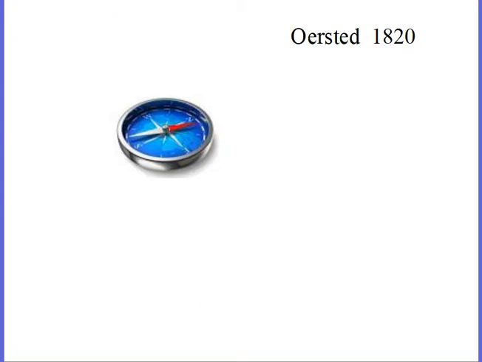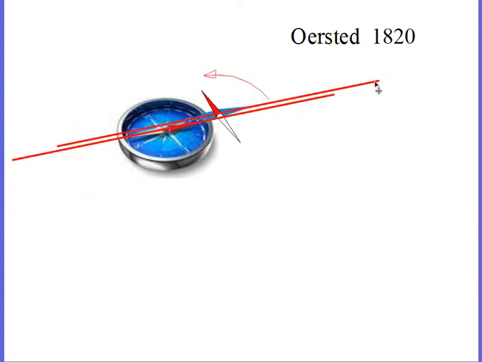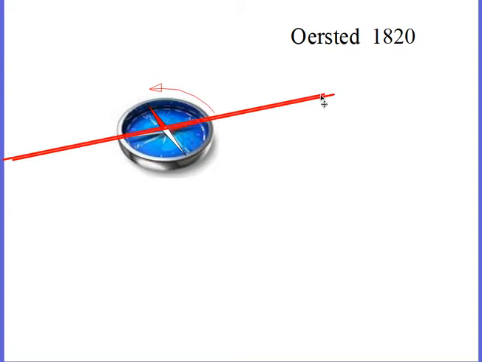However, when the wire was this way across the compass and current was sent through it, the compass needle changed its orientation, which clearly indicates that there was a magnetic field, different from the Earth's magnetic field, created when current went through the wire.